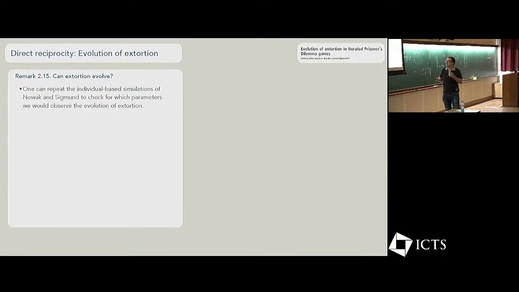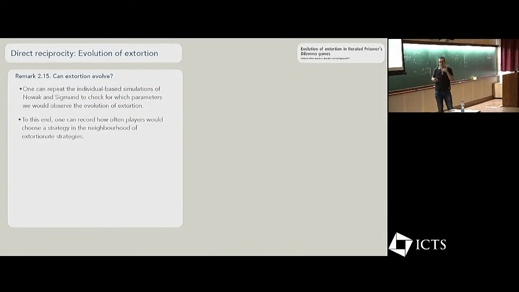So we did a simulation similar to what Nowak and Sigmund did. Again, you have a population. Again, they play memory one strategies. Again, there are mutants that introduce new memory one strategies. And then we explicitly recorded how often players play extortionate strategies.